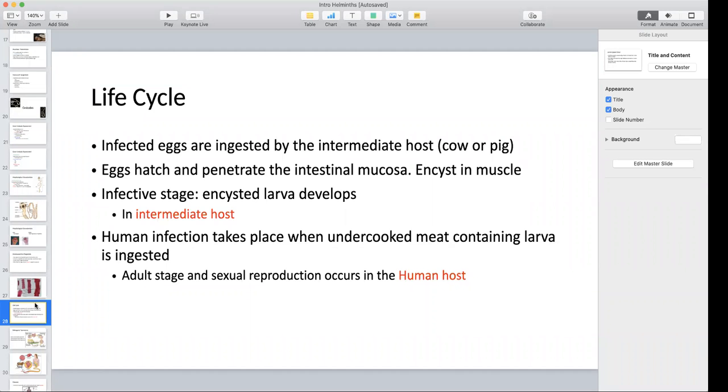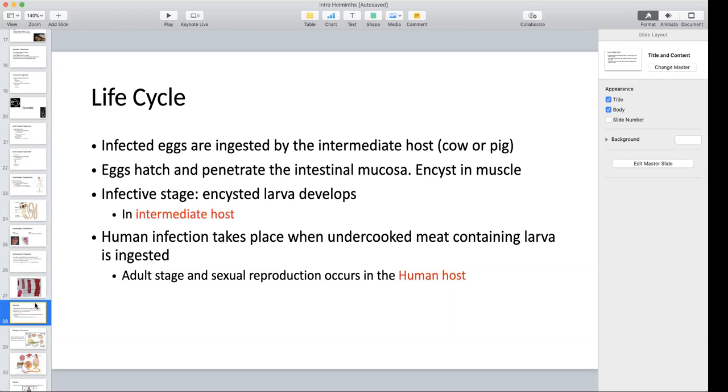The infected eggs are ingested by our intermediate hosts, which in this case, we're going to say are the cow and the pig. These eggs are going to hatch once they're inside of the cow and the pig, and eventually penetrate and make their way into the intestines. In the intestines, these encysted larvae are going to continue to develop, and humans will then become infected after consumption of undercooked infected meats.